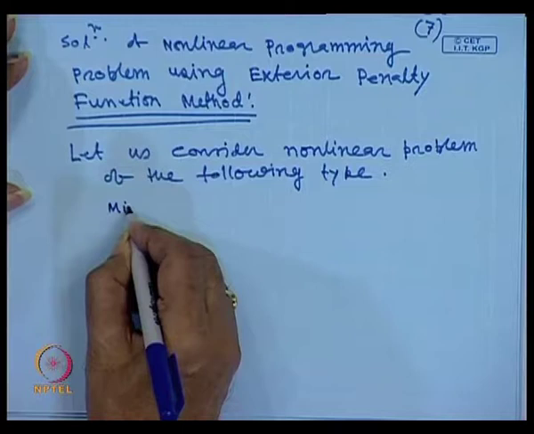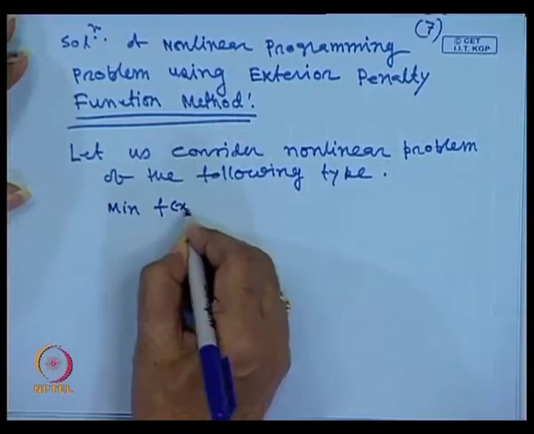So, once you have a nonlinear programming problem and you want to solve it by the exterior penalty function method, what you have to do? Convert this problem into a standard unconstrained optimization problem. Then you can solve it either analytically or by numerical methods, applying the Newton-Raphson method, steepest descent method, or the conjugate gradient method. So, our problem is like this: minimize f of x.